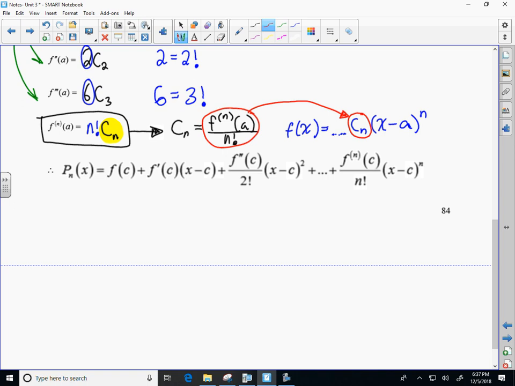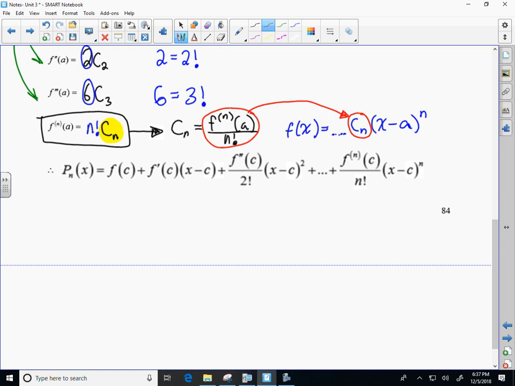Okay. So this doesn't look like it's helpful, but it really is, because I'm given a function in terms of x, and I'm giving a center to that function. There's some place to focus my attention. The epicenter of the earthquake. That's really what's happening here. That would be the a value.